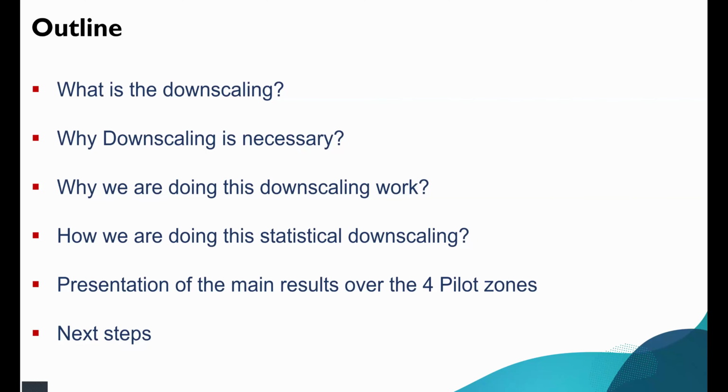After that, I'll take you through the methodology, specifically how we applied the bias-corrected statistical disaggregation (BCSD) technique to produce the high-resolution climate projections for temperature and rainfall. Then I'll present the main results over the 4 pilot basins, highlighting key findings and their applications. Finally, we'll discuss the next steps, including how this work can be expanded.